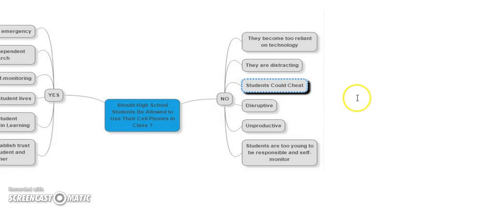So, and I can do the same for the no section. So once again, I'm going to look at my ideas and I'm going to categorize them. So reliance on technology, cheating, and this one.